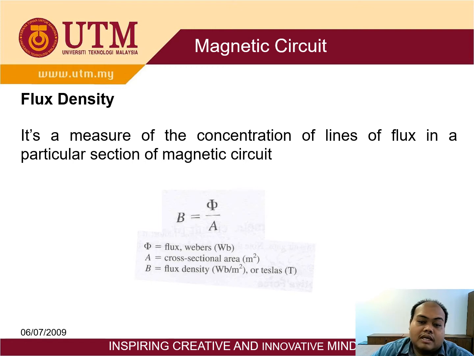Make sure you know the unit of flux is Weber, and B is Weber per meter square, or Tesla. Make sure you know the units. So what is flux density? It is a measure of the concentration of lines of flux in a particular section of the magnetic circuit. Make sure you memorize the definition.